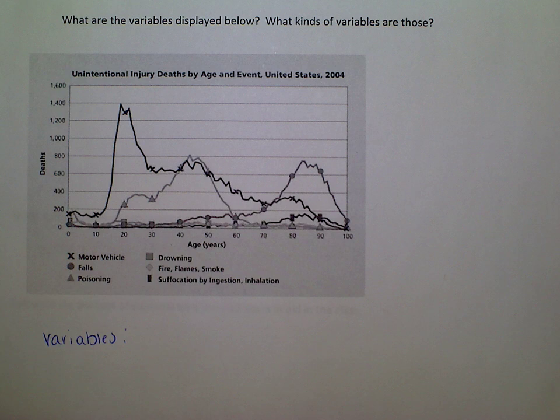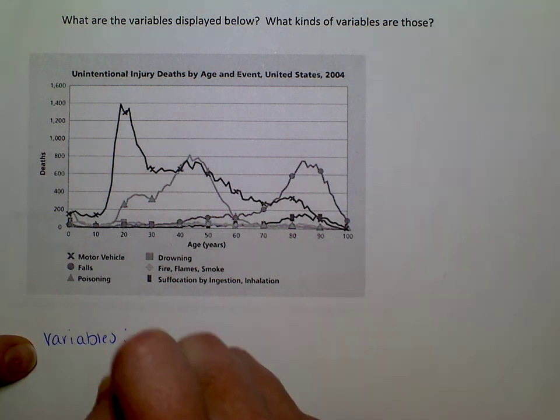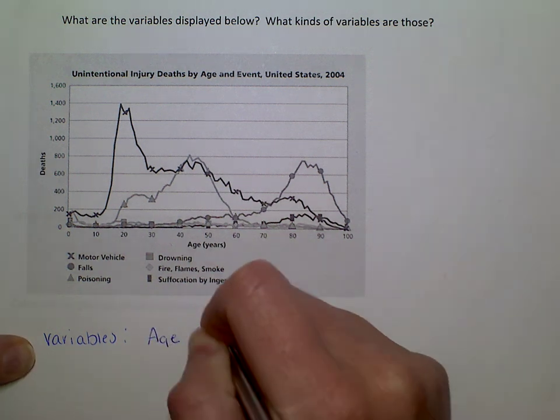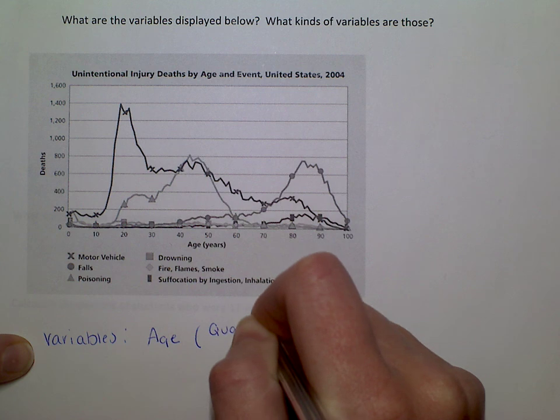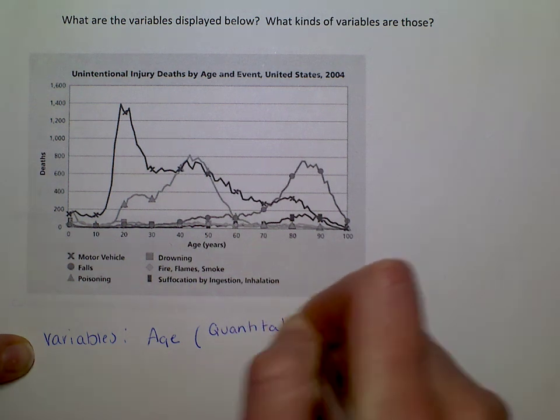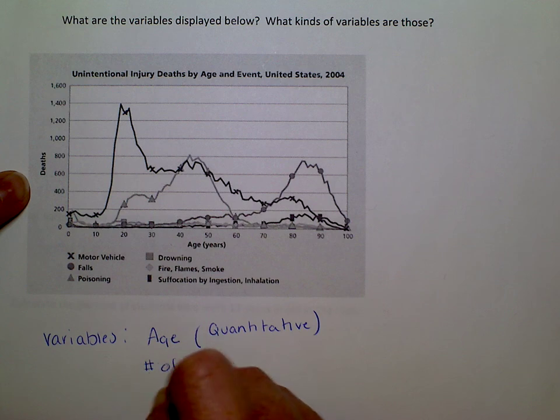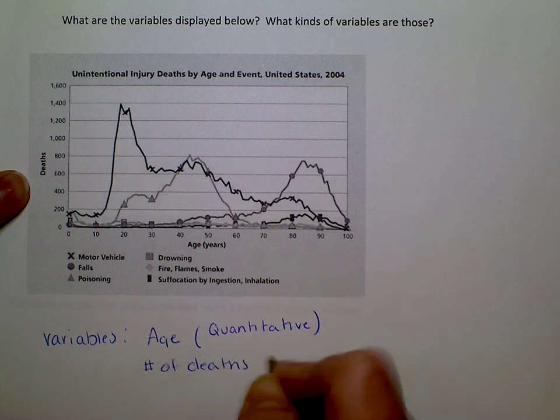So anyway, you can analyze all the different things here, but we want to really look at the variables. So first indication, go to your X and Y axis. So we have age on the x-axis, and that's clearly quantitative. It's a number. We have number of deaths, which, I just said number of deaths.